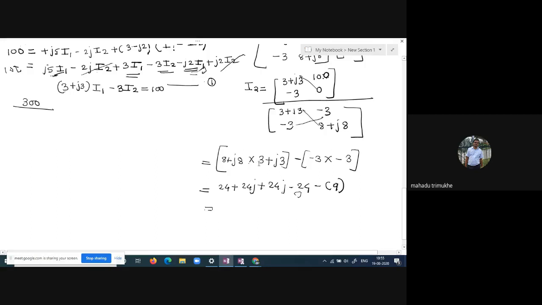We took the first component 8, then the first term of the second 3, meaning 8 multiplied by 3 is 24. 8 multiplied by j3, how much came? 24j. Then j8 multiplied by 3, 24j. Then j8 multiplied by j3, how much is it? -24j squared. j squared is -1, meaning -24. -3 multiplied by -3, minus minus plus, 9. Get it? Yes sir. So now tell me what is the value you will get.